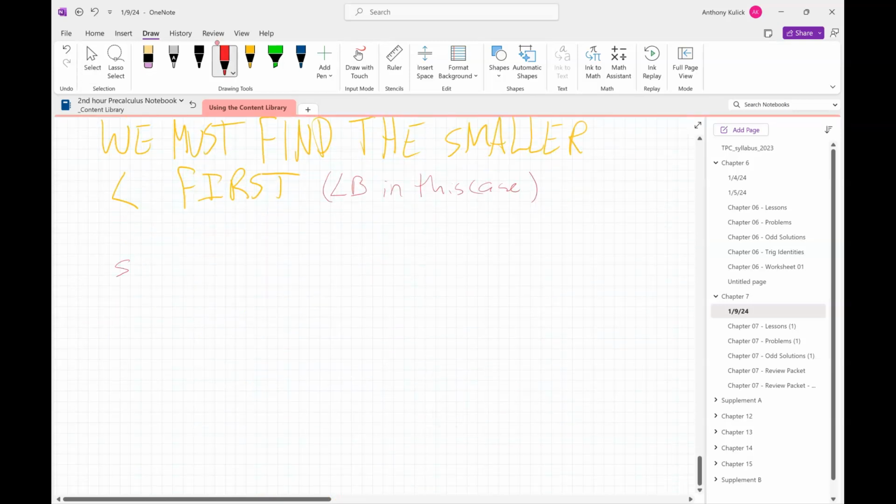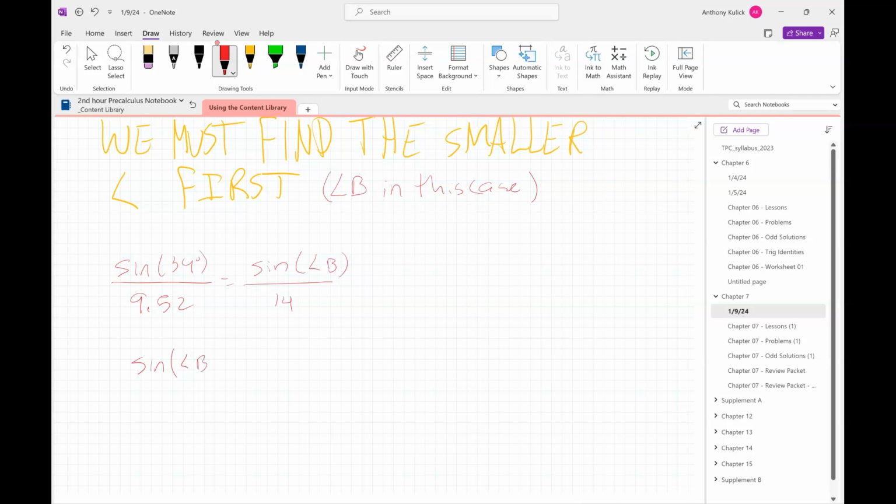So we're going to do sine of 34 over 9.52 equals sine of angle B over 14. So far, so good. I'm going to cross multiply and divide.